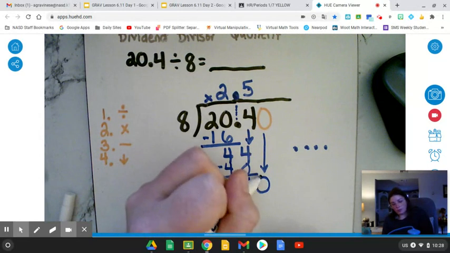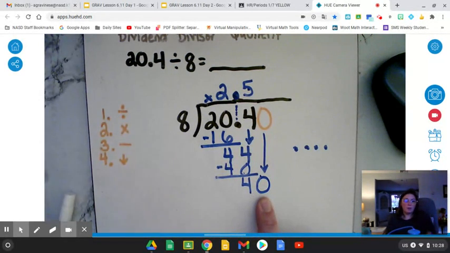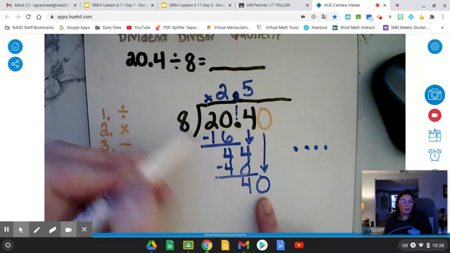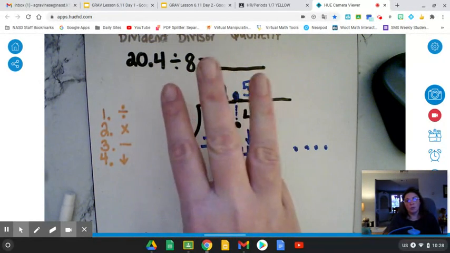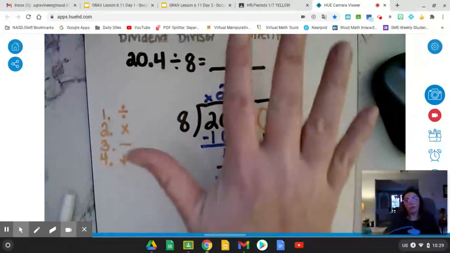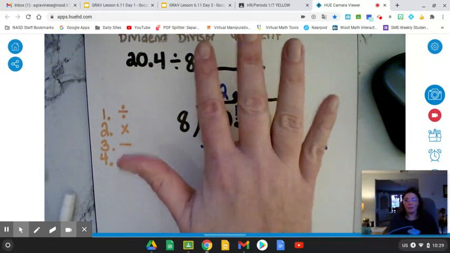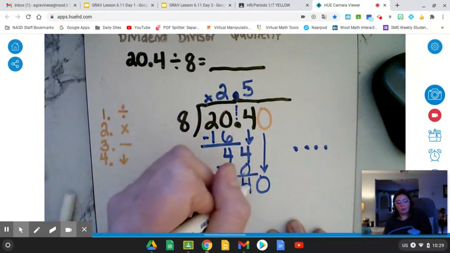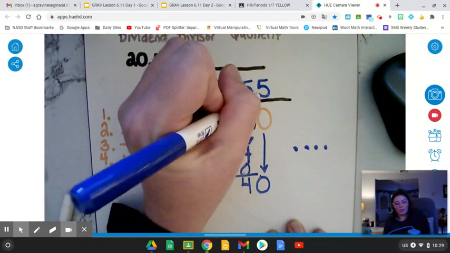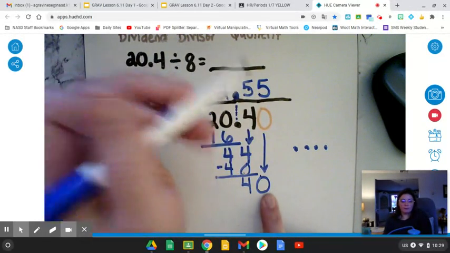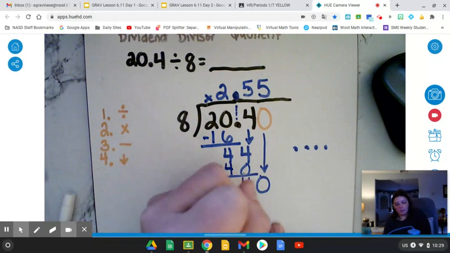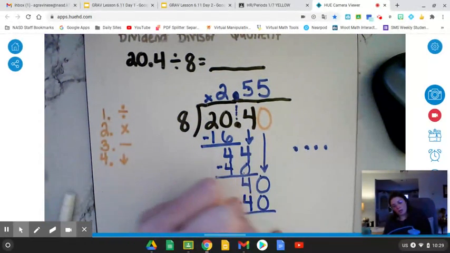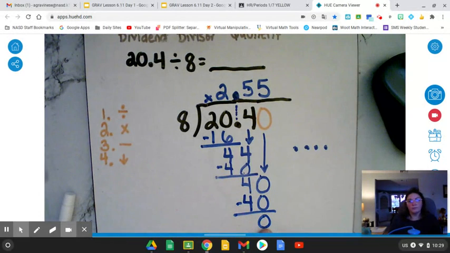So I write that 0 next to my 4. And now I can take groups of 8 out of 40. 8, 16, 24, 32, 40. Oh, it's exactly 40. So I can pull 5 groups of 8 to get to 40. 5 times 8 is exactly 40. And when I subtract, I have nothing left.